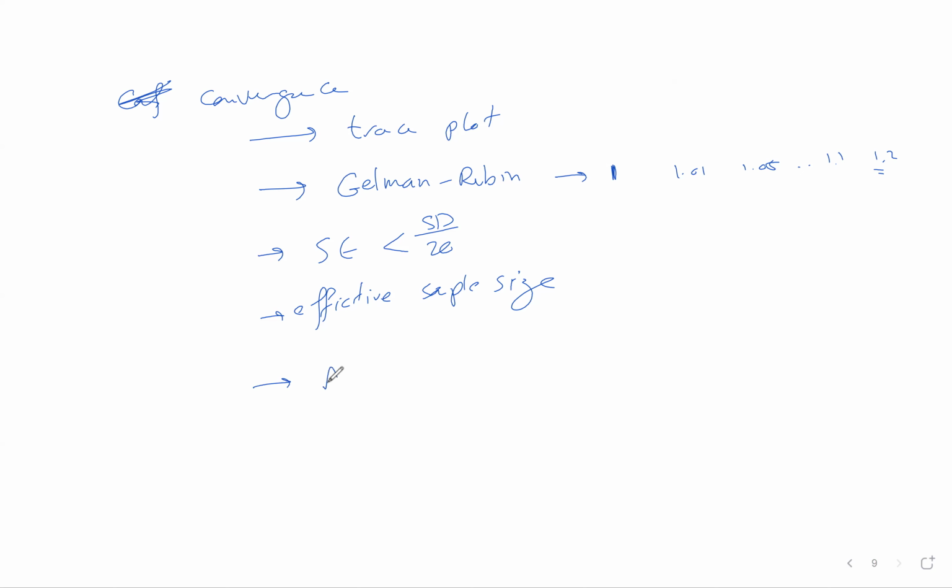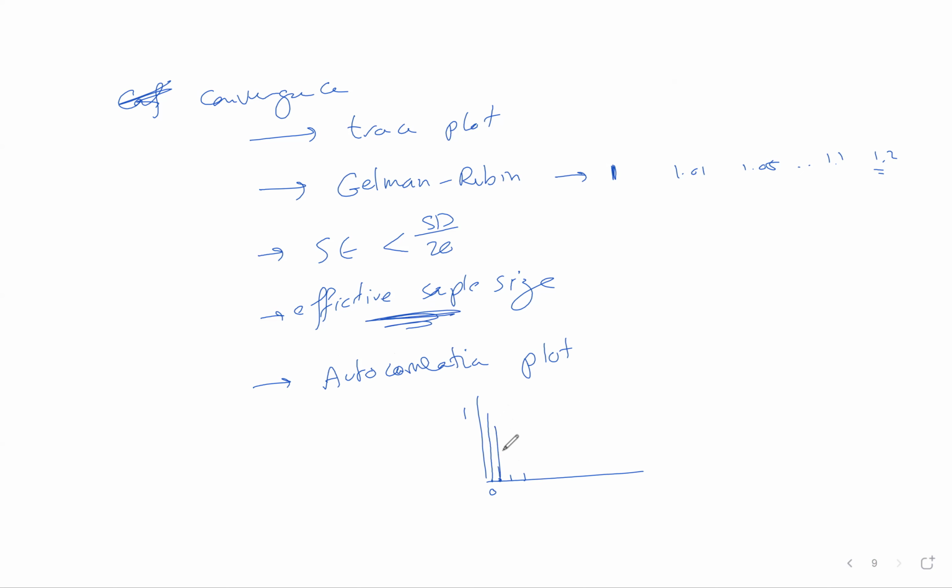Or you can look at the autocorrelation plots. If in the autocorrelation plots, the lag 0 is always 1, and then you find the lag 1 is smaller, it means the samples you selected are random, and you will find the effective sample size is big.